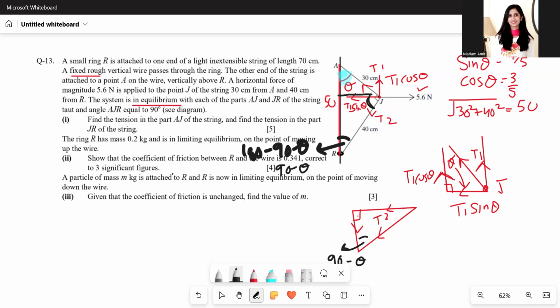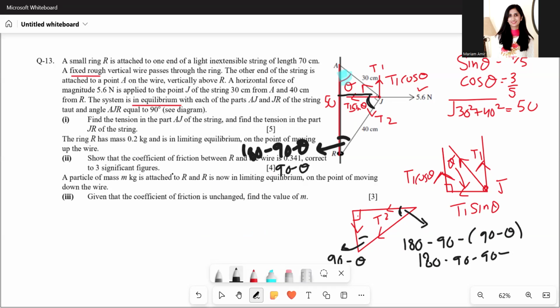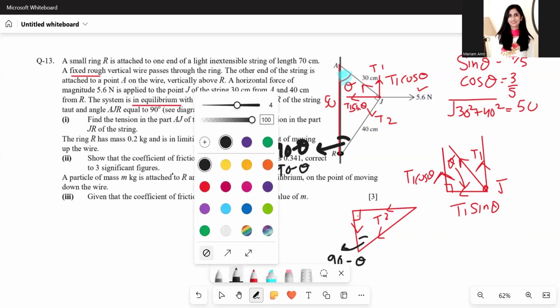Which means this angle here is going to be 180 minus 90 minus (90 minus theta). Open the brackets: 180 minus 90 minus 90 plus theta, which cancels and gives theta. So this is also the same angle theta, the black one. Let me mark theta over there.